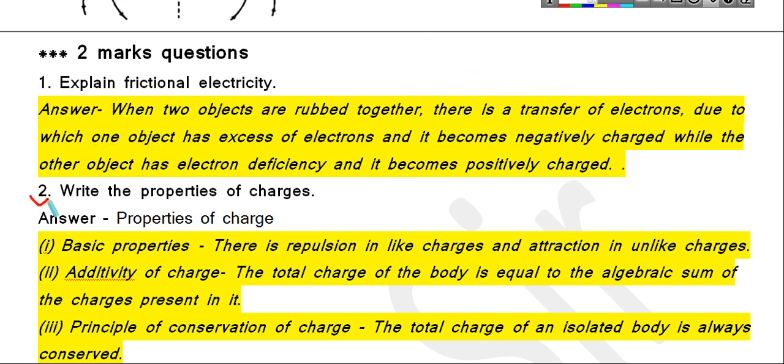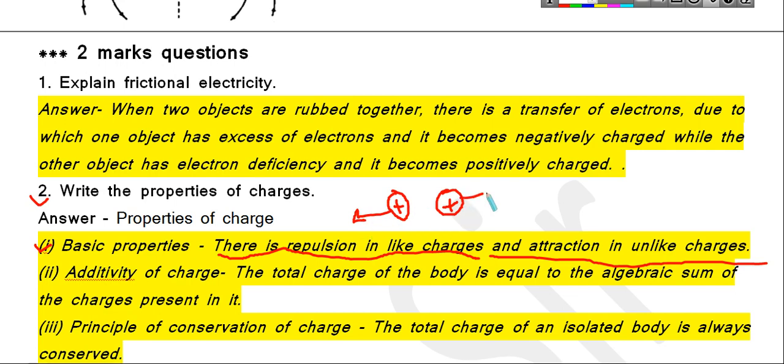Next, write the properties of charges. First, basic properties of the charges. There is repulsion in like charges and attraction in unlike charges. When charges on a body have like charges, the same type of charges, then they repel each other.